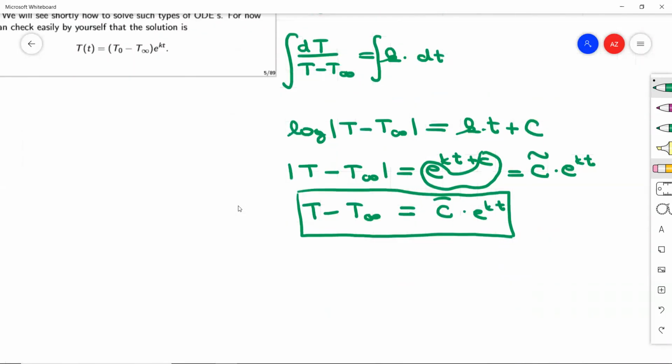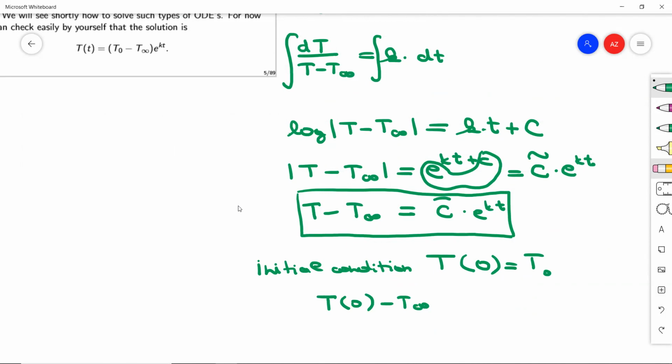And now we need an initial condition. So the initial condition determines this constant. We need to know the temperature at some time point, for example, at the beginning, at time 0, it is T0. And then T of 0 minus T infinity is C tilde times e to the power of k times 0, so this is 1. So this is C tilde.